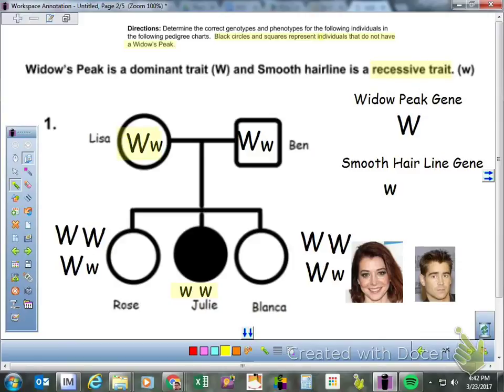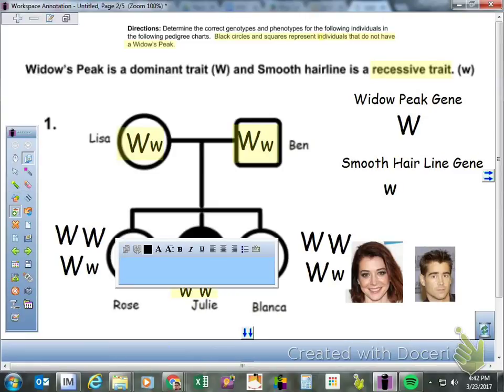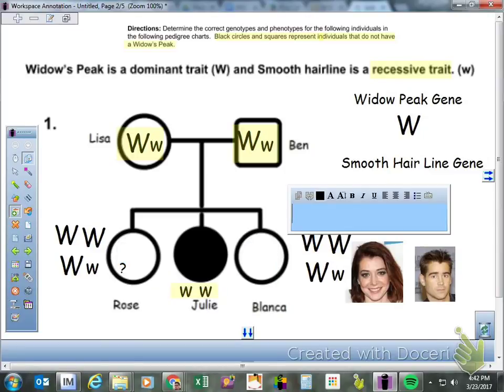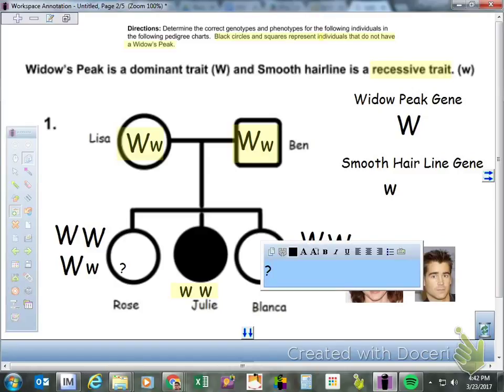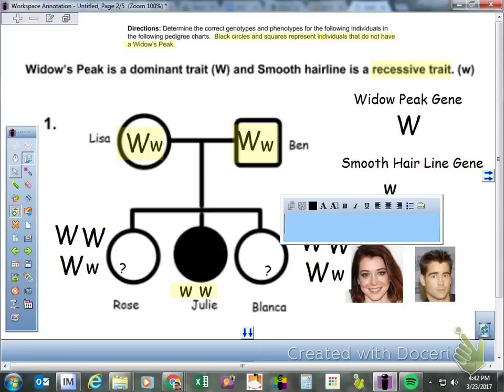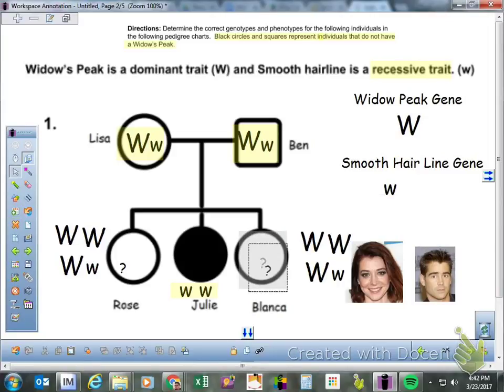We know that mom is heterozygous and dad is also heterozygous. But this right here, Rose is a mystery. Okay, and so is Blanca. We cannot tell for sure what these guys are going to be.